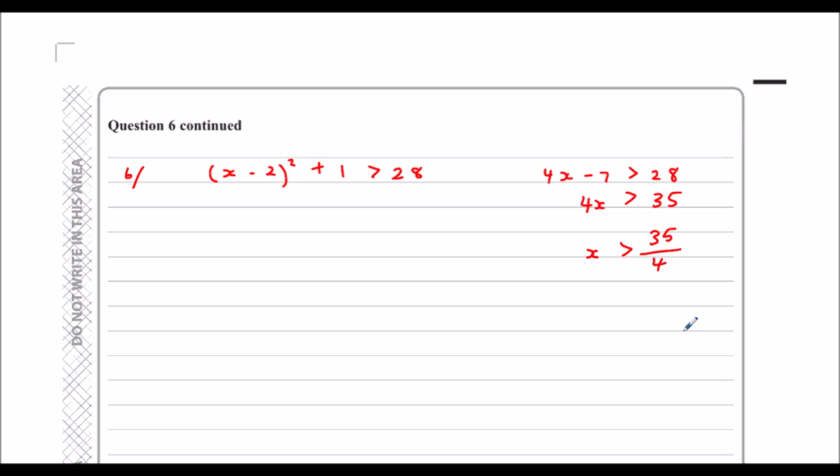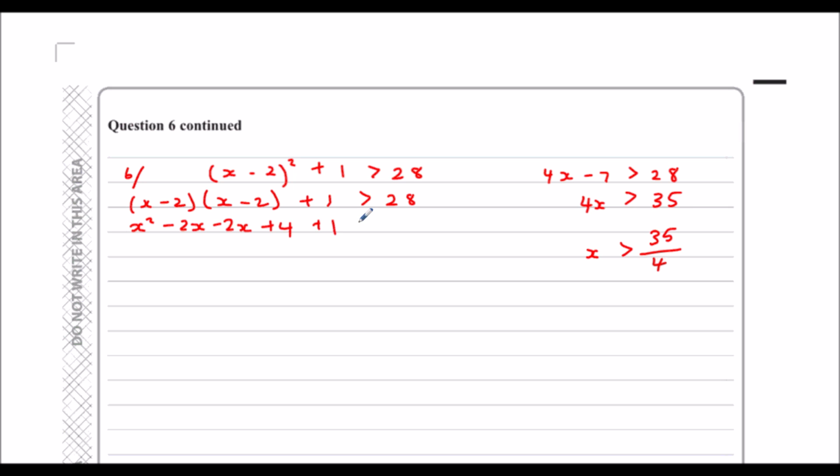For our quadratic one, to solve a quadratic, we make it equal to 0. So we're going to expand these brackets first. x minus 2 times x minus 2, plus 1 is bigger than 28. So I'm going to expand x minus 2 times x minus 2. So x squared minus 2x minus 2x plus 4.